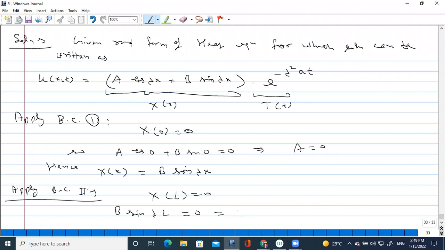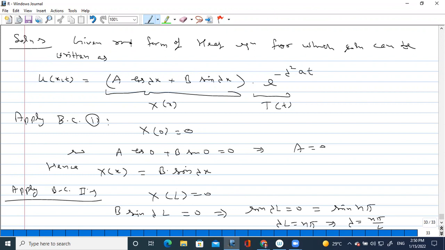So this implies sin lambda L is 0, and that we can write sin n pi. Now comparing on both sides, lambda L will be n pi, and this implies lambda will be n pi by L. Okay, so this lambda value I will put here, so then I will get this X(x) value. So X(x) value will be sin n pi by L, because n is there.